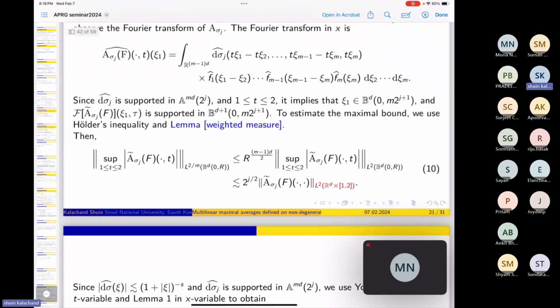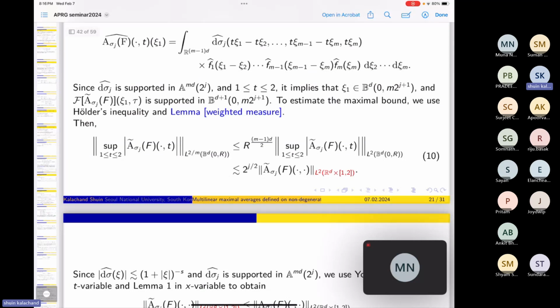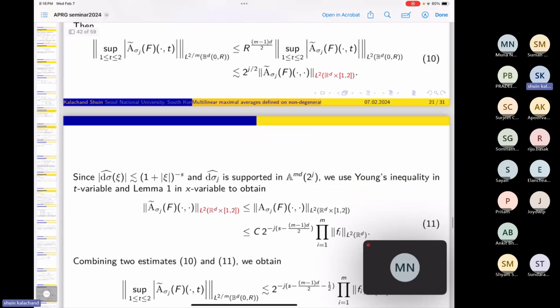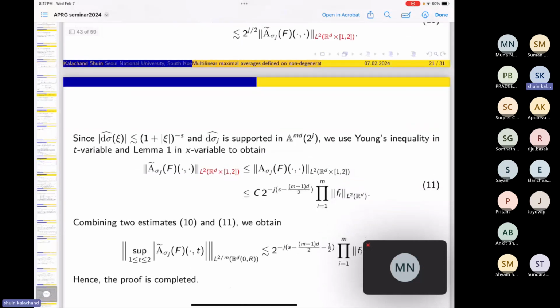Now using this lemma, the L2 weighted norm is dominated by some constant times the L2 norm with respect to the measure dx dt, using this alpha dimensional measure. So we get this constant to the power j by 2 and this L2 norm over R^d times the interval 1 to 2. Now, what is this A sigma j tilde?